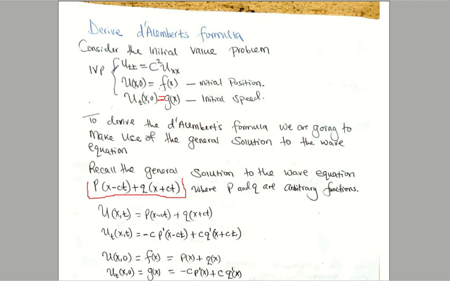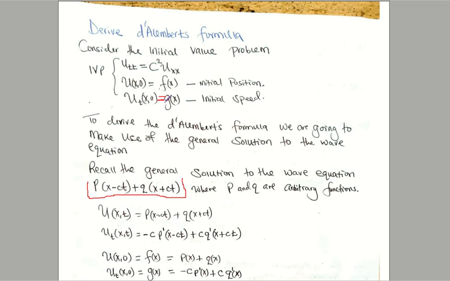you can note that this first equation is the wave equation with an initial position of u(x,0) equals f(x) and an initial speed, this initial velocity, of u_t(x,0) equals g(x).